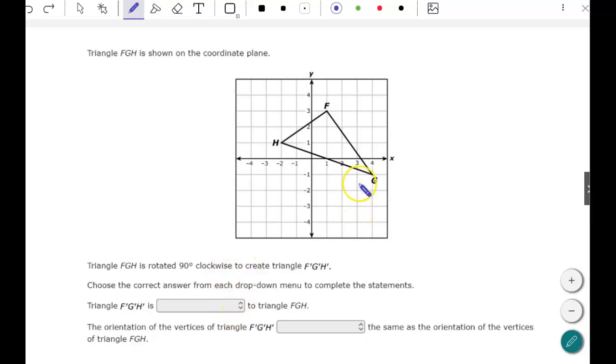In a rotation, remember the figure stays the same size and shape. It just moves, it rotates. So this would be congruent. Then it says the orientation of the vertices of the new triangle, blank, the same as the orientation of the vertices of the old triangle.